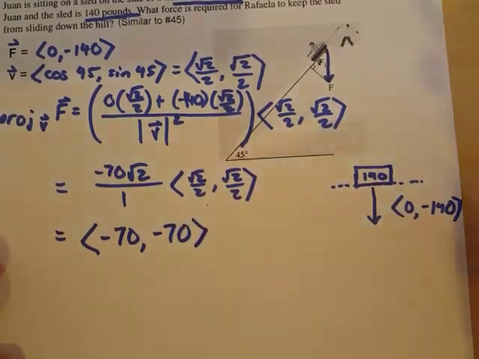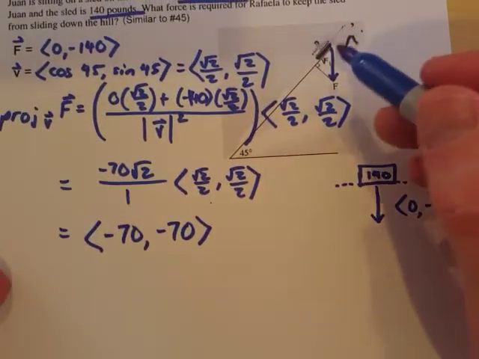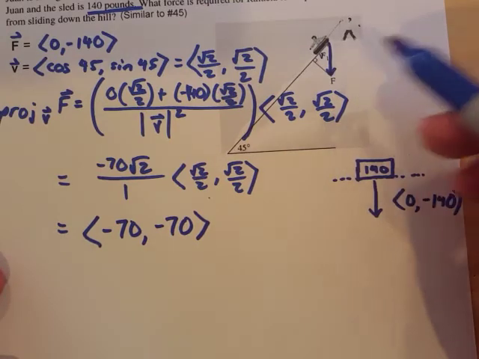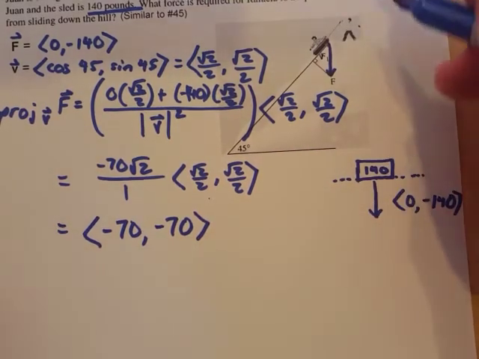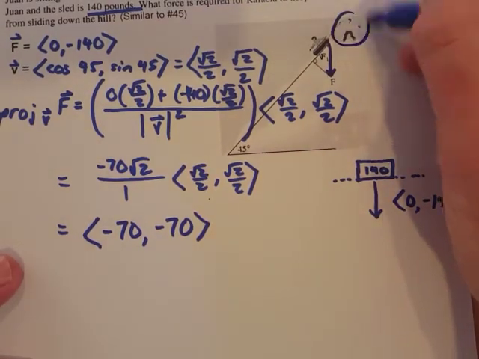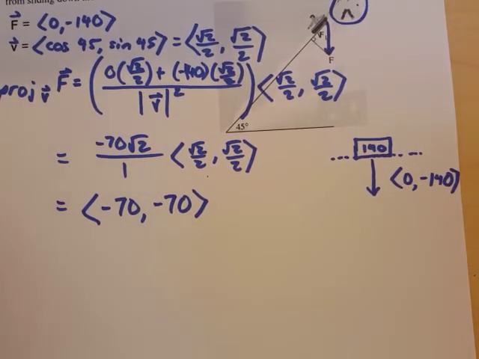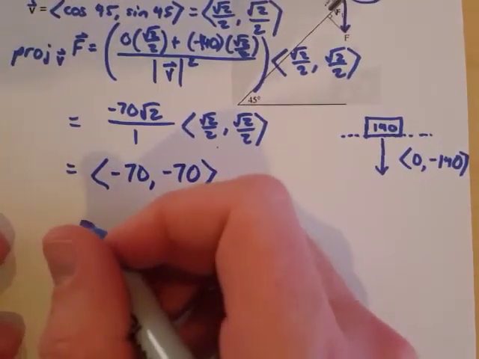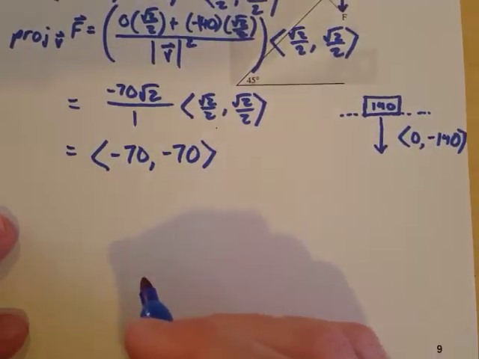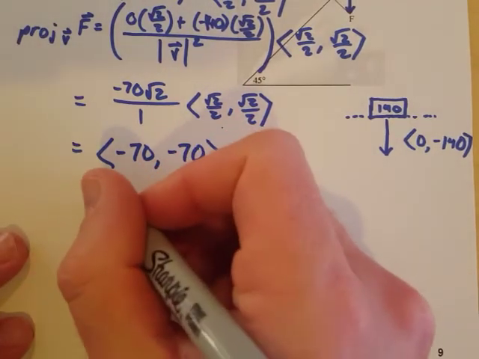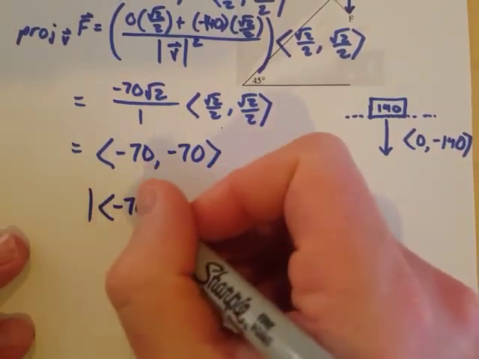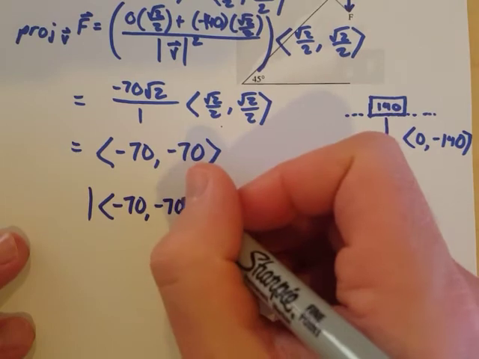That's the vector of Juan going down the hill in this sled. We want to know how much force it takes for her to hold him up. So the amount of force required is just going to be the magnitude of this vector. That's the part that we actually care about in this problem: the magnitude of negative 70, negative 70.